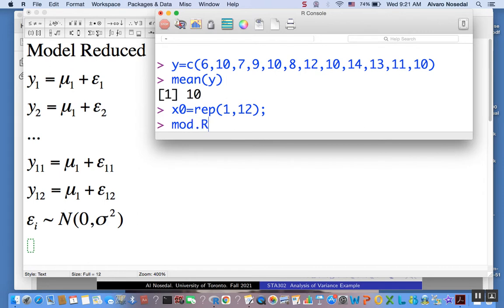So let's fit that model. We said that this is the reduced model, so let me call it mod R. We use the LM function. Again, we know that the syntax is first the response variable, and then our predictor. Now note that we don't have an intercept for this linear regression model, so let me just remove that.